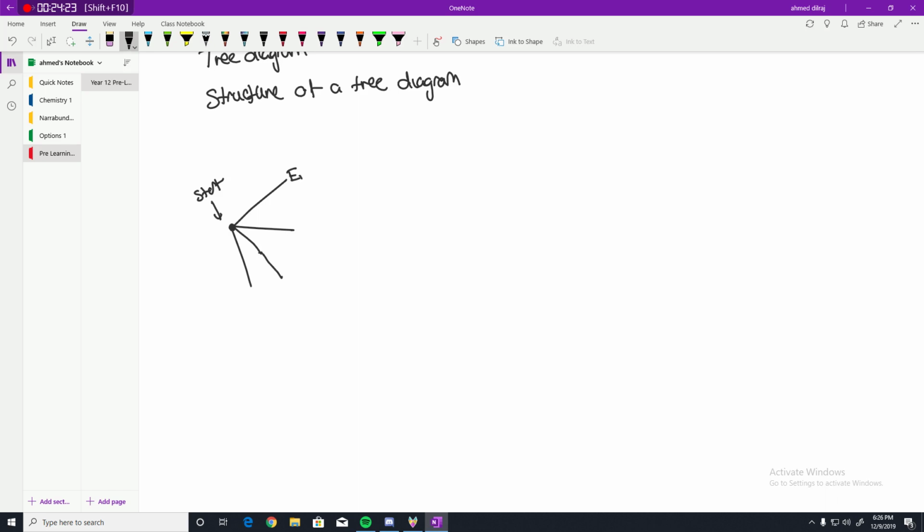And then we have event 1, and we have event 2, and then event 3, all the way to event n minus 1 and then event n, right? So when we're doing a probability, we have multiple events that are occurring. And this tree diagram is a way of drawing all the possible events that could occur. So these are all possible events or outcomes, right?